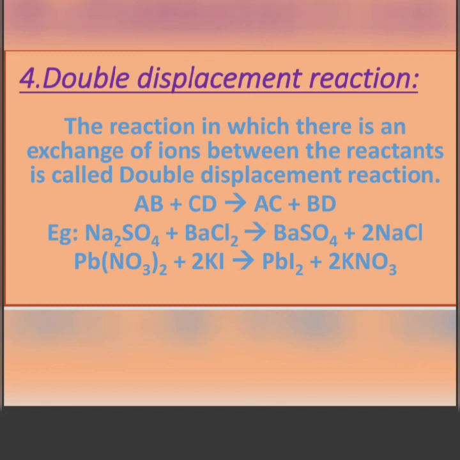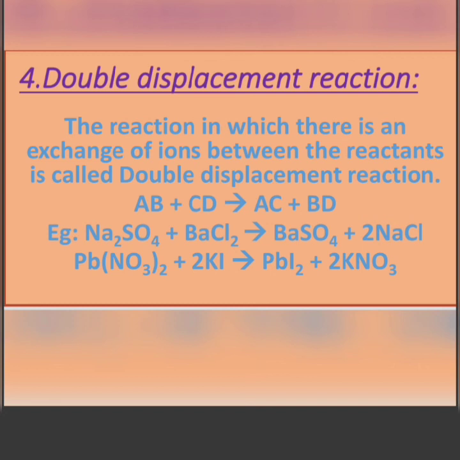So exchange of ions, I hope you have now understood what is the meaning of exchange of ions between the reactants. Now, why is it known as double displacement? Because you can see two ions are exchanged. That means there is displacement of two ions. Two means double. Is that clear? Previously, the third type of reaction was displacement reaction, which we can consider as single displacement reaction because only one element was displaced.